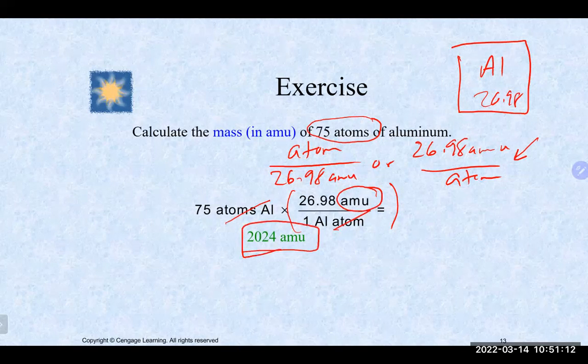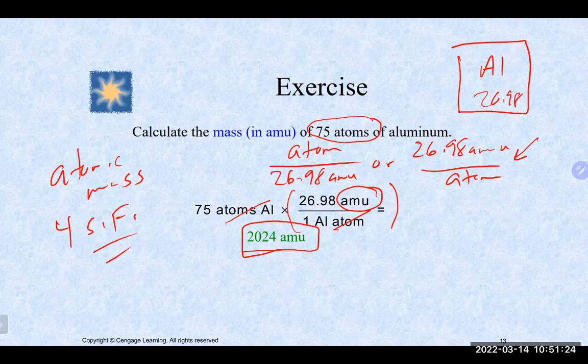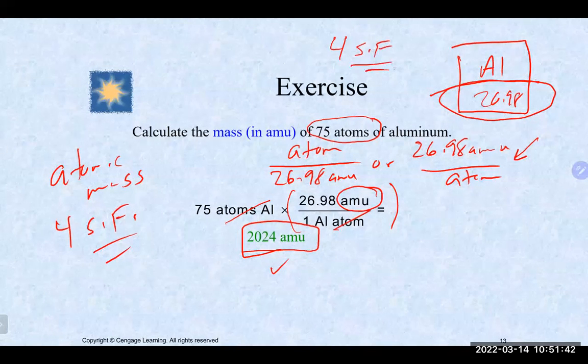As you can see, typically when you're asked to find the mass or the atomic mass, four significant figures is what we take it to. That's why you see these answers as four significant figures, and that's a good rule of thumb. In this application, or later when we talk about molar mass, whenever you pull a number off the periodic table, four significant figures is typically what you want to use in your calculations.